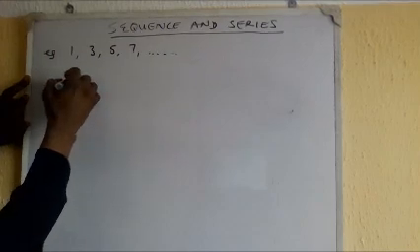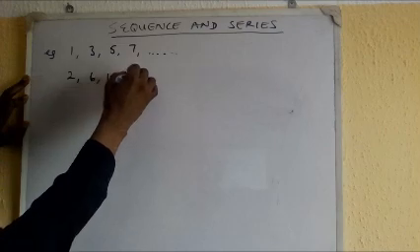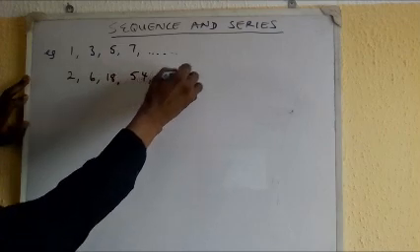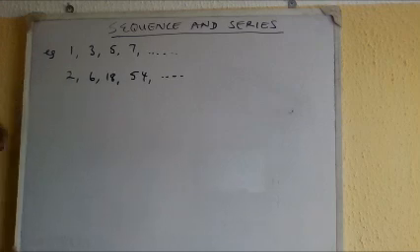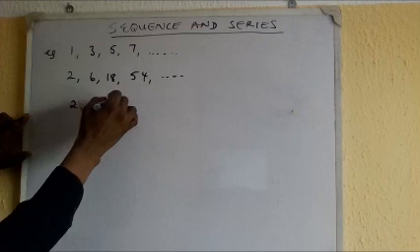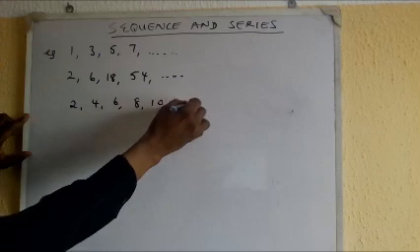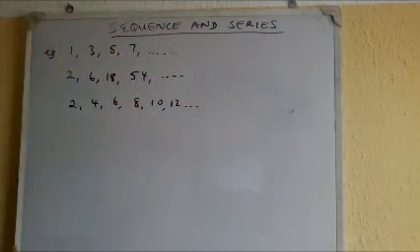Another sequence could be 2, 6, 18, 54, and so on. So for sequences, there's a defined order. Another one: 2, 4, 6, 8, 10, 12, and so on. That's a sequence. It could be finite or infinite.